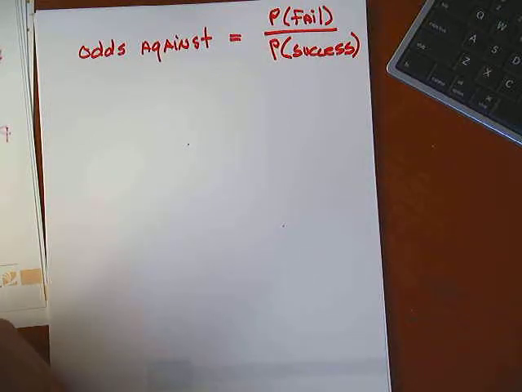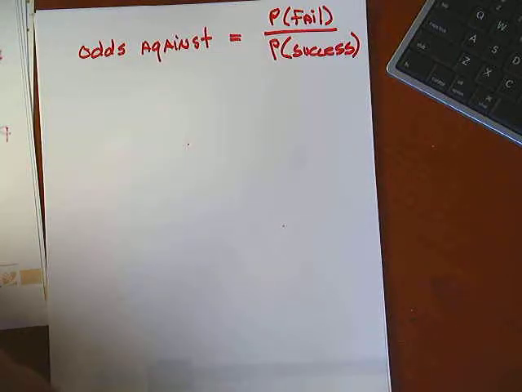Okay? So what I like to tell students is the odds against is equal to the probability of failure over the probability of success. Now, let me define success and failure.